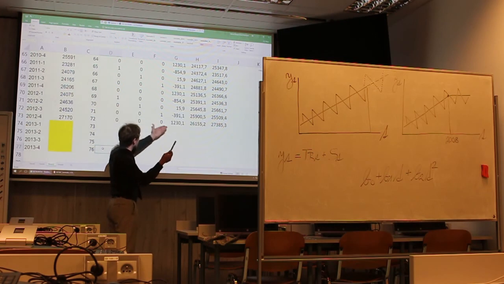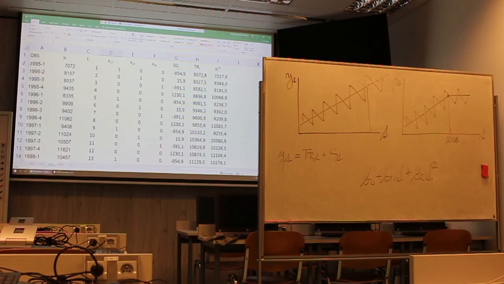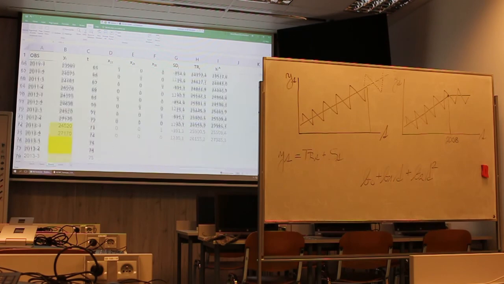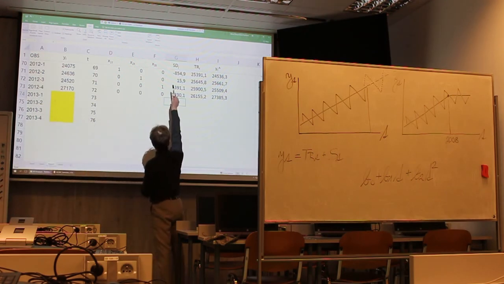We know what its seasonality is. Maybe I will use View, Freeze Panes, and you can see which column I'm using, the G column, SV, seasonality.